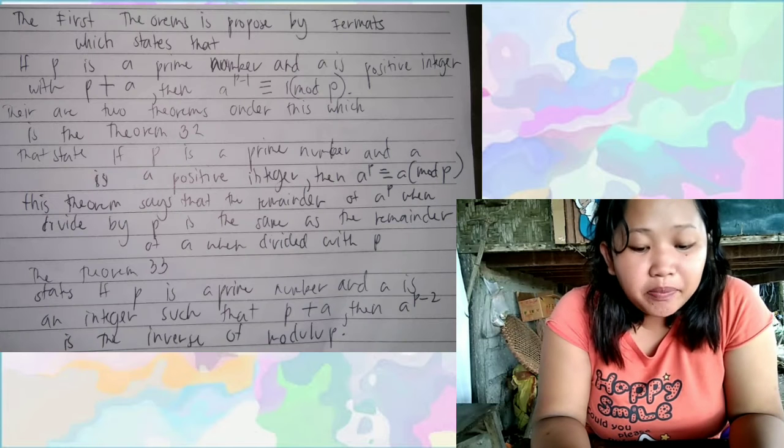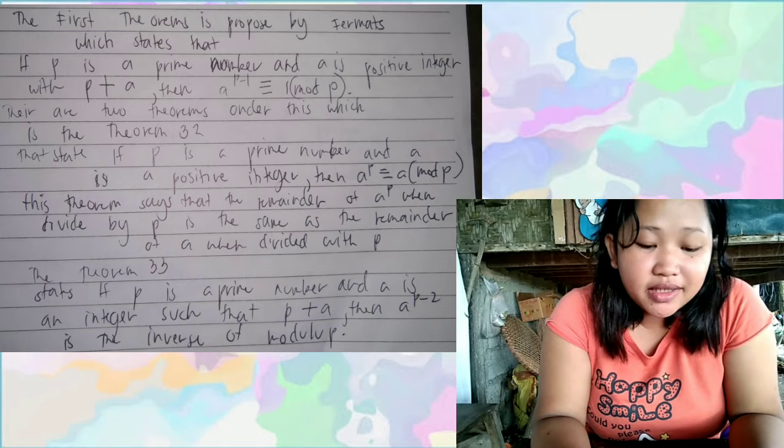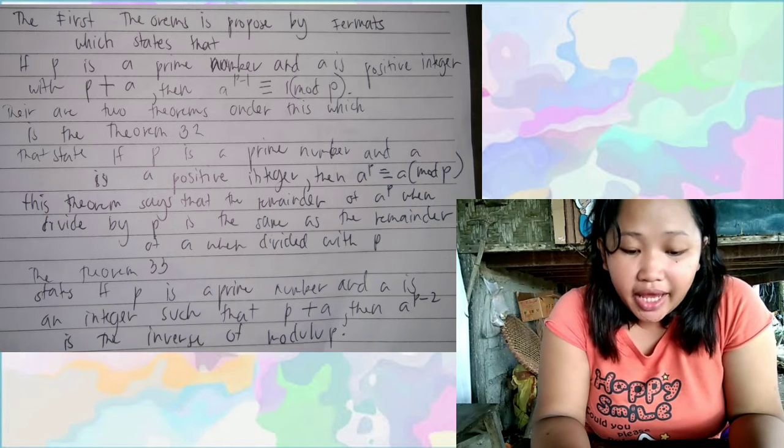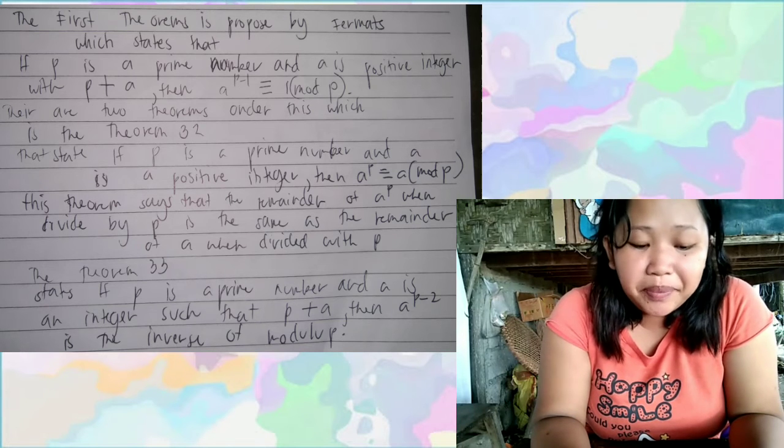The third topic of the applications of congruence of number theory is Fermat's theorem, which states that if p is a prime number and a is a positive integer with p does not divide a, then a raised to p minus 1 is congruent to 1 modulo p.